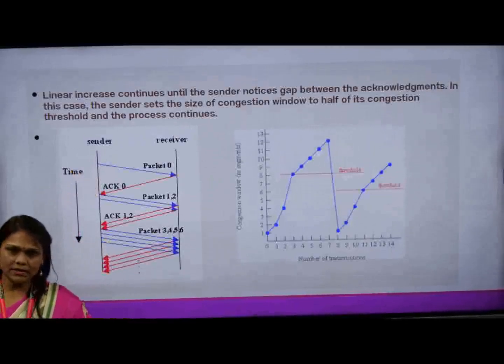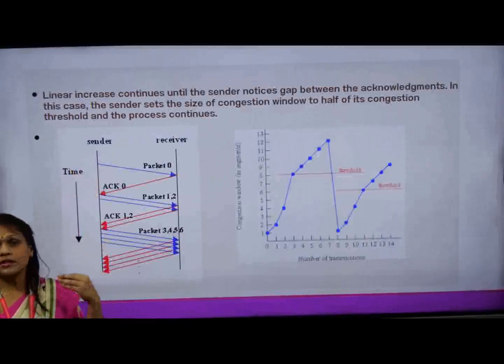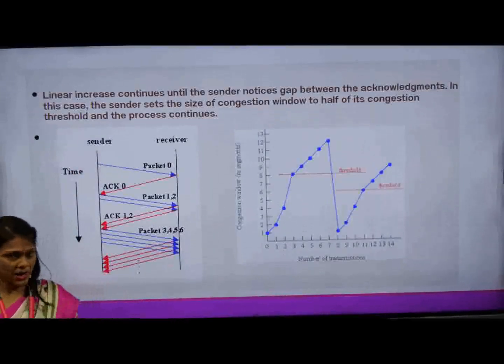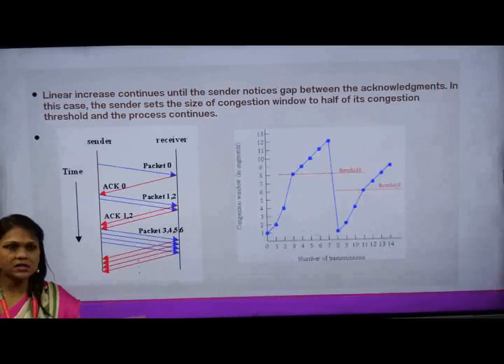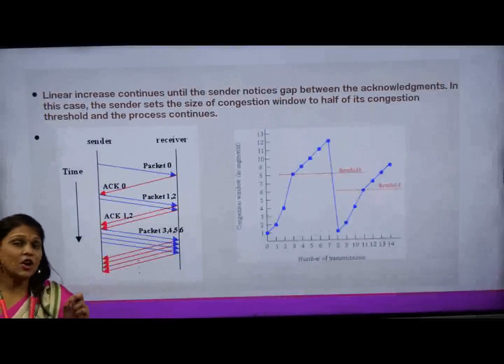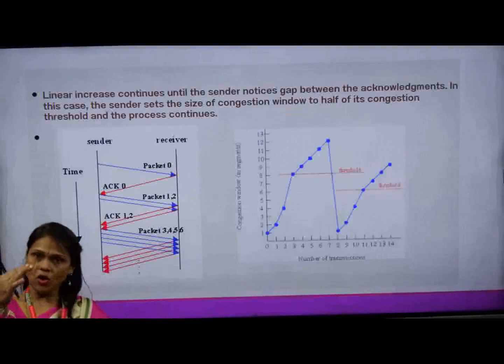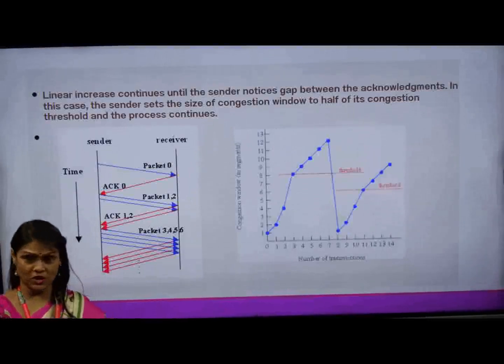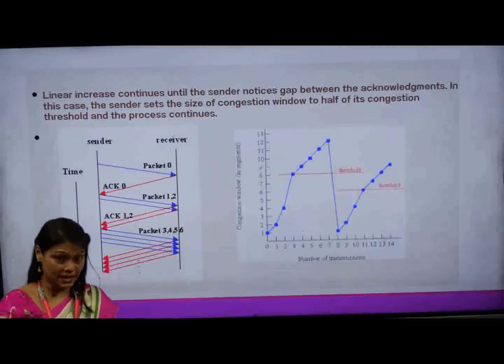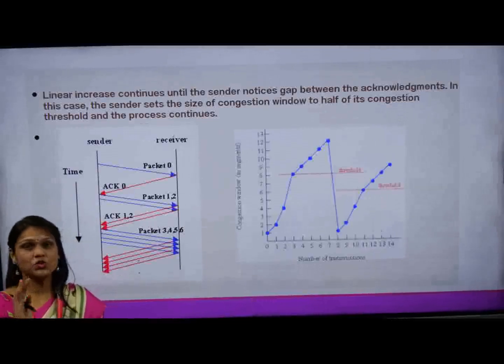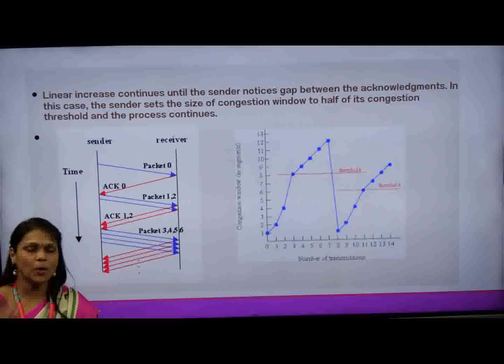Send one packet, check for the acknowledgement, double the packets, check for the acknowledgements, again double the packets, check again. Until how many times do you need to repeat this? Until you receive all positive acknowledgements, you need to continue. But once you get a negative acknowledgement, that means you have reached the threshold point.